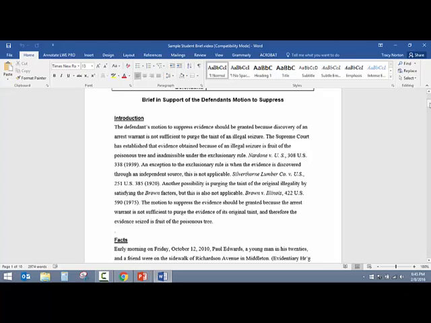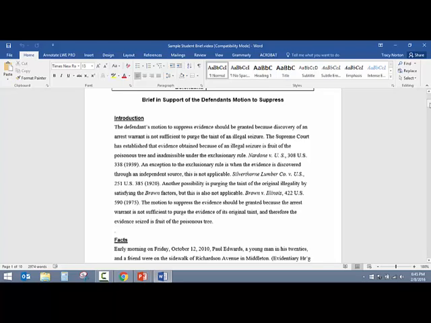But let's look again at this specific sentence. Another possibility is purging the taint of the original illegality by satisfying the Brown factors. This is a little bit vague because there's no reference to what the Brown factors are. And so a better sentence might be, fruit of the poisonous tree may also be purged of its taint by, and then some substantive reference to the Brown factors.